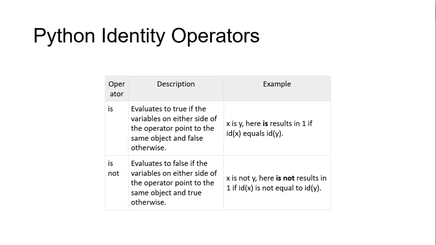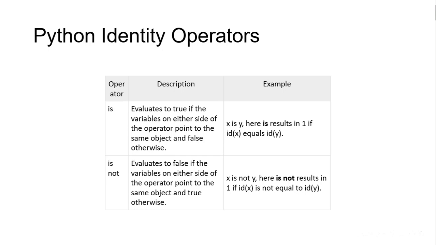In this example we are checking x is y, that means x and y are the same object. So here the result is 1 if id of x, that means the reference of x, equals id of y, the reference of y. So if both variables refer to the same reference, it returns true or 1.